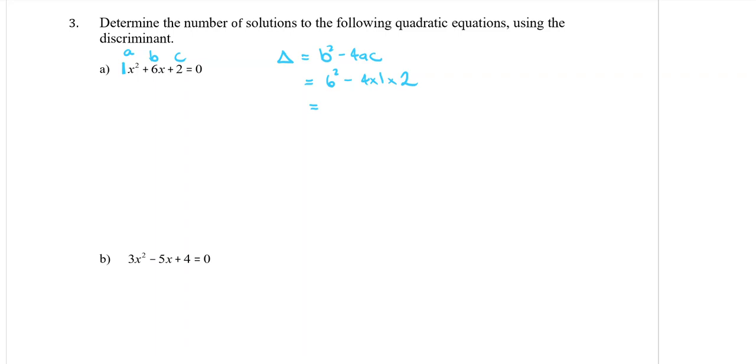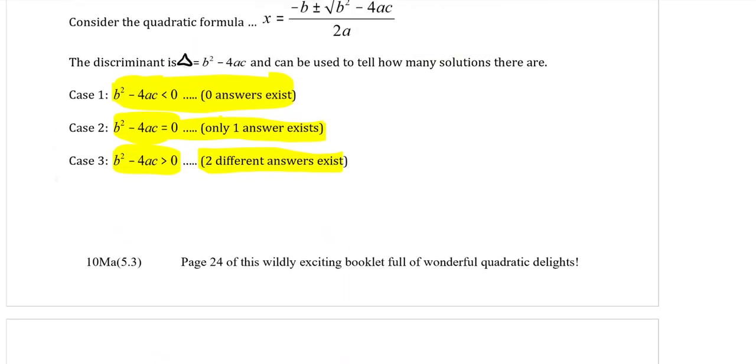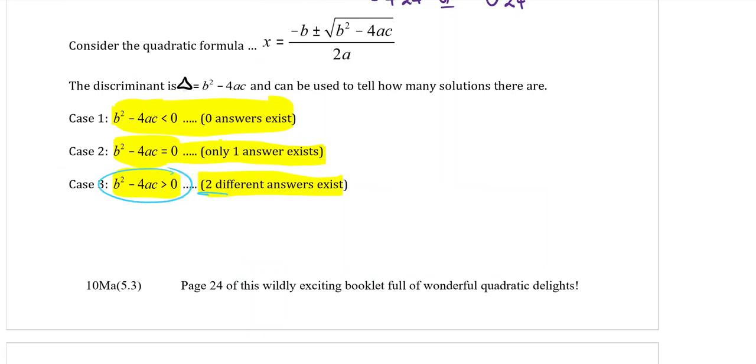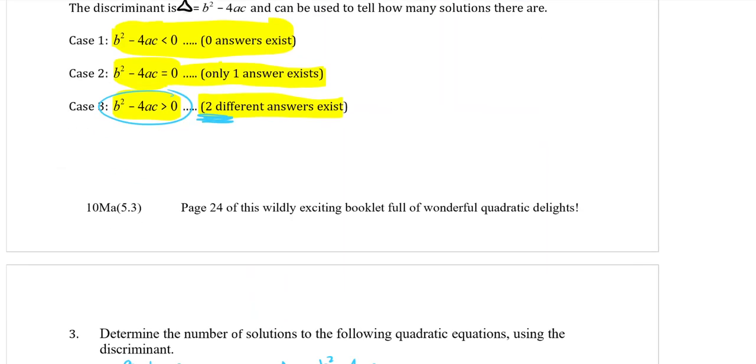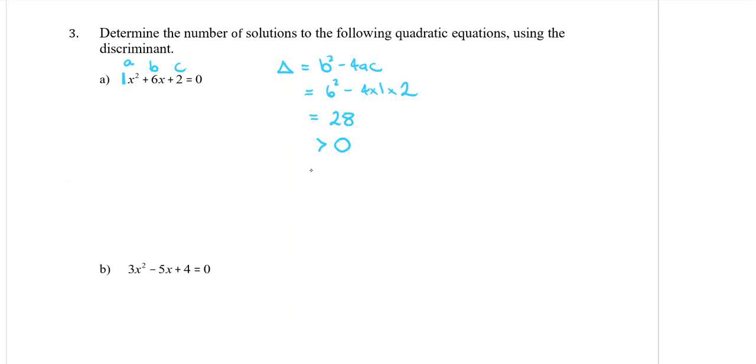Calculating that, it equals 28. Okay, so the number itself isn't particularly important, but because it's positive, which we say because it's greater than 0, and you can look back over here if you like, greater than 0 means that there are two solutions. So I'm just going to say, therefore, there are two solutions.